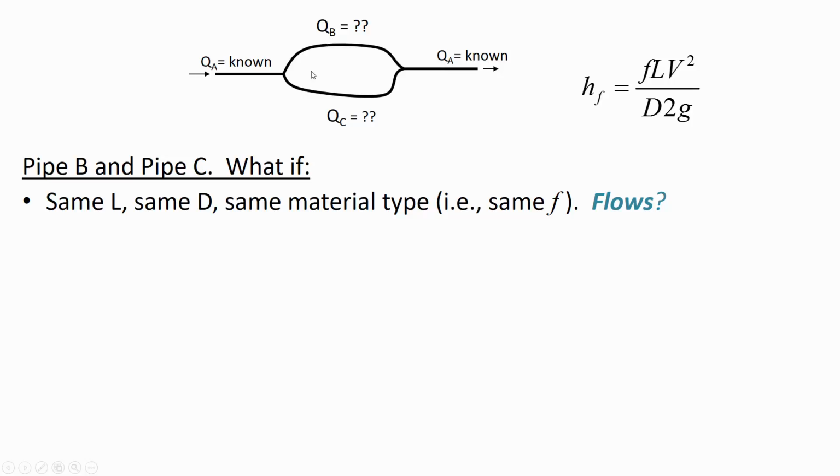Is one going to be more than the other? Why not? Because they're the same. There would be no reason for flow to preferentially go through pipe B compared to pipe C. So the flow would equally split between those two. There's no reason why it wouldn't.